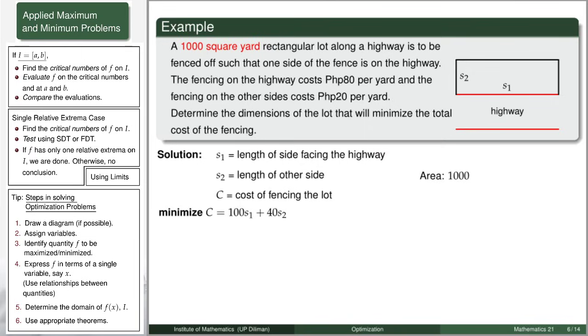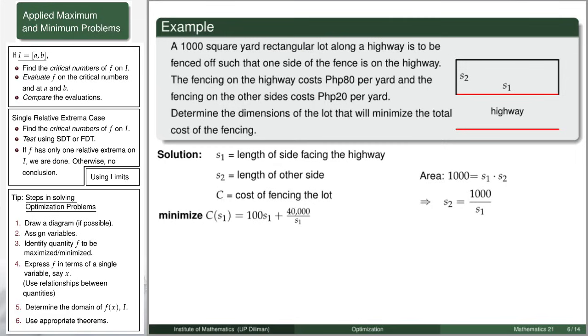Since the area of a rectangular lot is just S1 times S2, or the length times the width, I can solve for S2, and that will give me 1,000 over S1. By substituting this quantity into our minimization problem, I will have 100S1 plus 40,000 over S1. This is already a single variable quantity, and I will call this function C of S1.